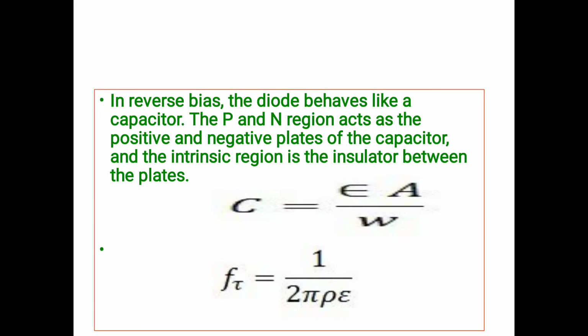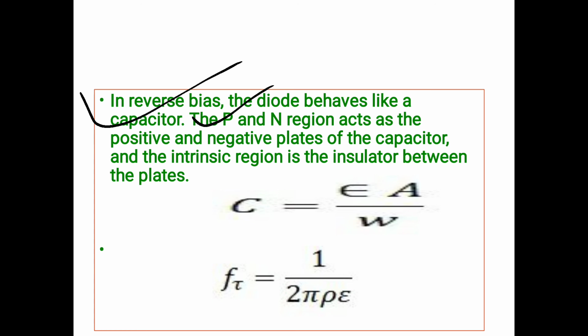Now we are going to derive a small derivation for this. In the reverse bias condition, the diode will behave like a capacitor, and we can say that this will act as a transition capacitance, as we have already studied about the transition capacitance of the diode. So here the P region and the N region act as the positive and negative plates of the capacitor.